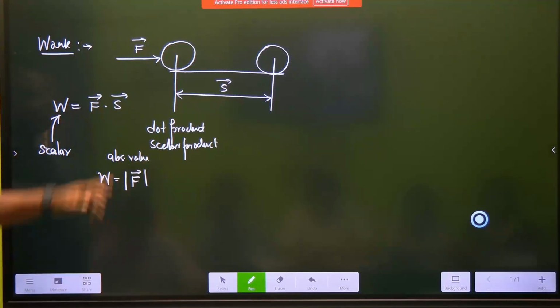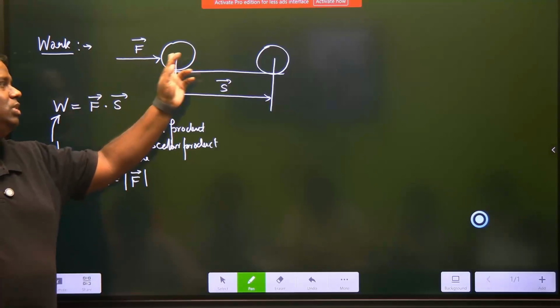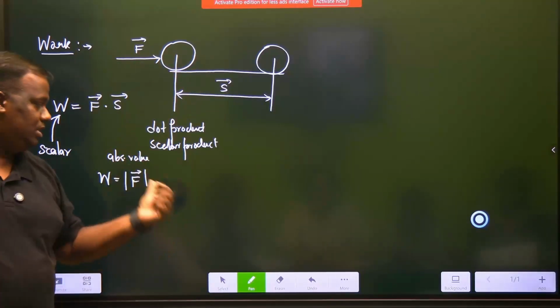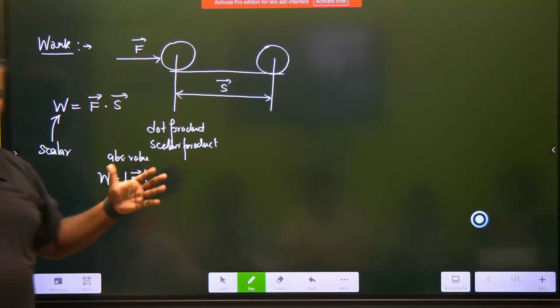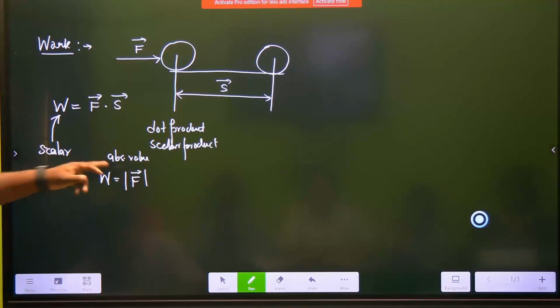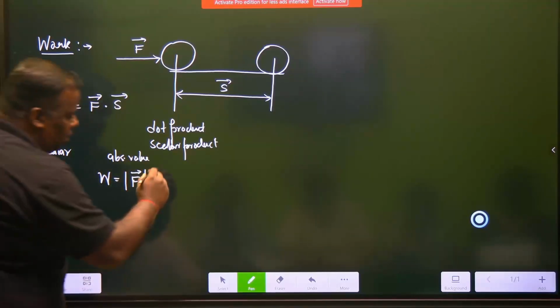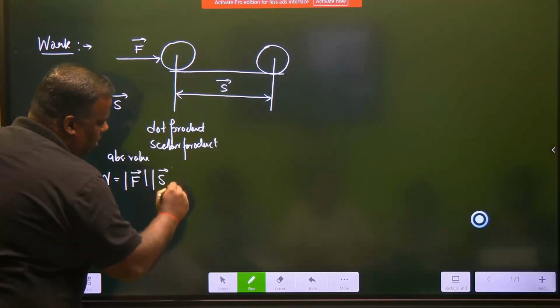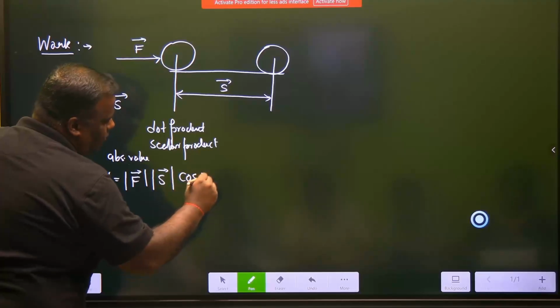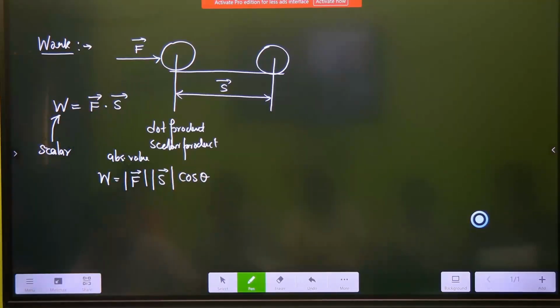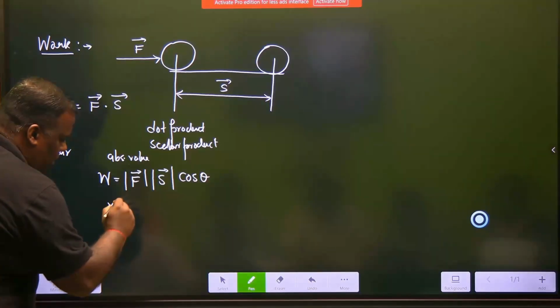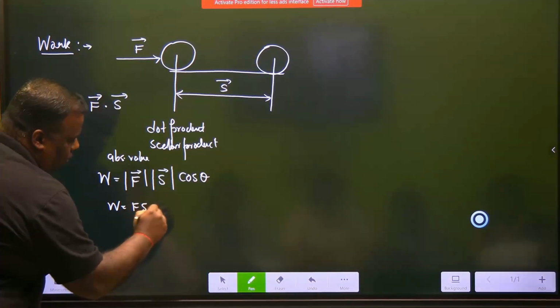Means in the question, if force was written as 5 Newton east or plus 5 Newton, we'll just take 5, just the magnitude. They're always positive quantities, into the magnitude of displacement, multiplied by the cosine of the angle between the two. So work is said to be Fs cos theta.